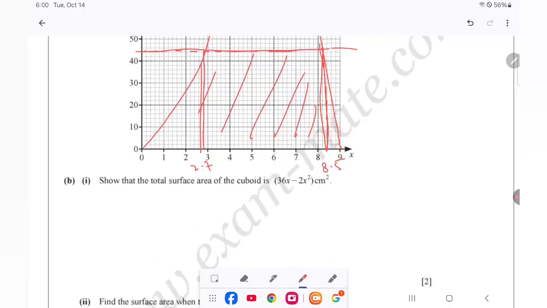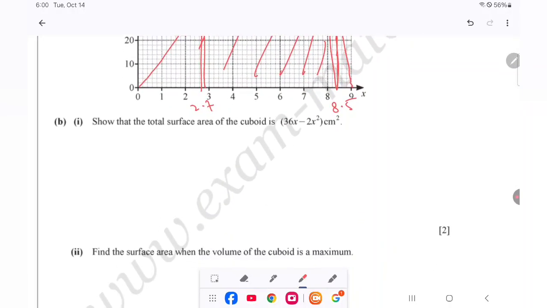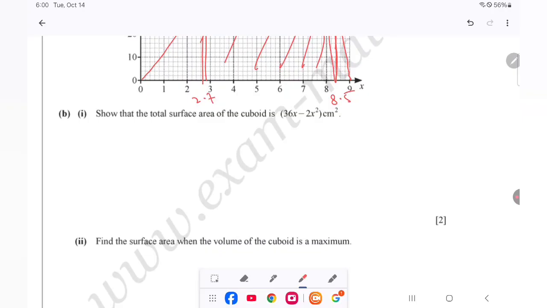Now in part B, show that the total surface area of the cuboid is given by this. For that we have to apply the surface area formula, which is equal to 2 times length into width plus width into height plus height into length.